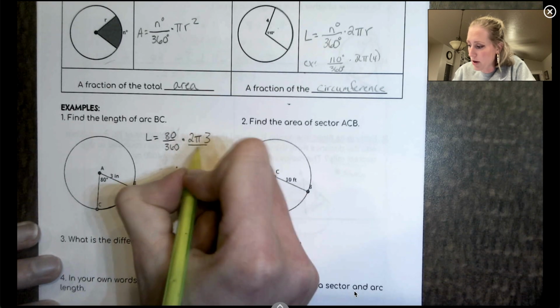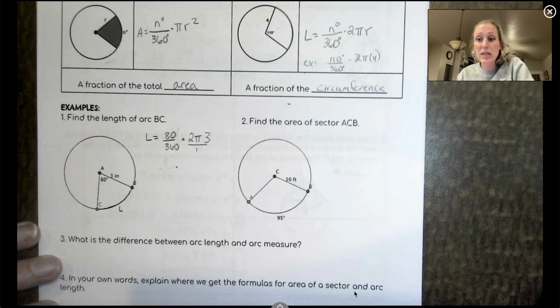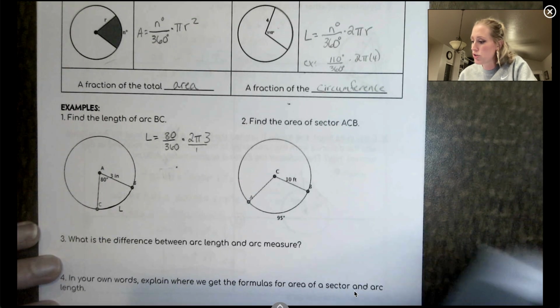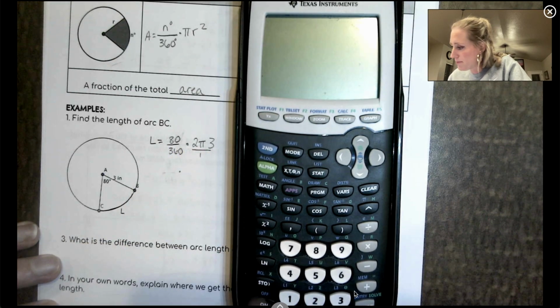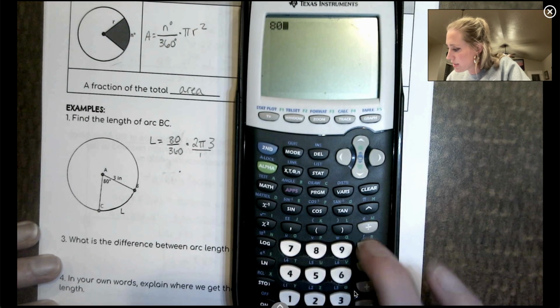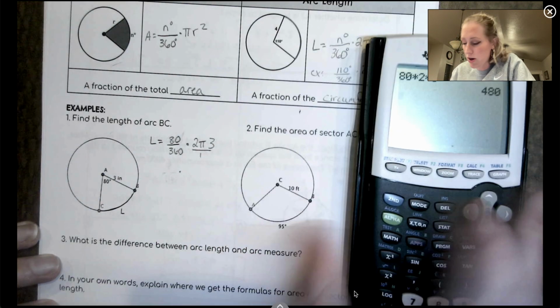I'm going to show you on my graphing calculator, multiplying all these numbers together. I want to leave my answer in terms of pi. On top I'm going to do 80 times 2 times 3, and I get 480 pi on the top.